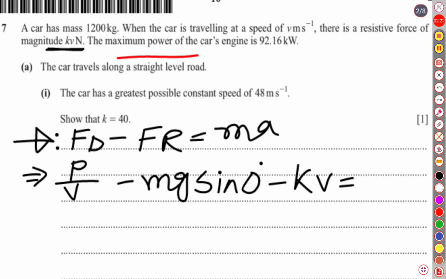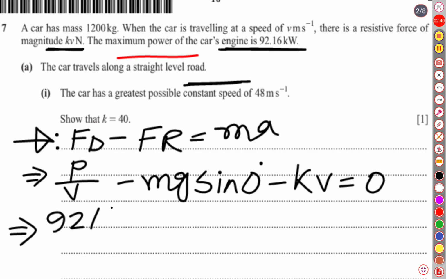As the car is traveling at a constant speed, it doesn't have any acceleration, so the product is zero. So power over velocity: power is given as 92.16 kilowatt, so 92,160 watt over velocity, maximum velocity 48, minus mg sine 0.